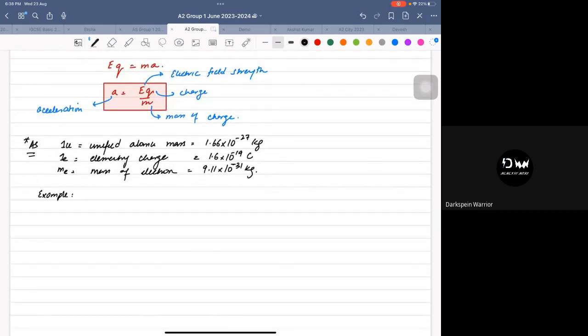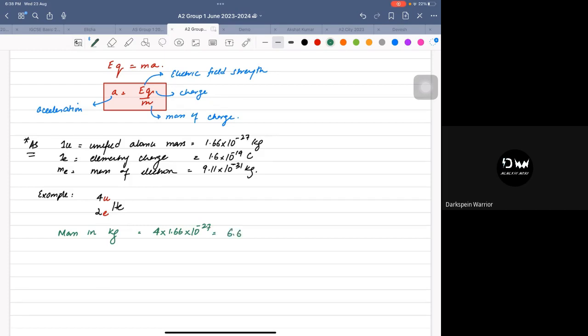For example, if they say that there is a helium nucleus which has a value of 4, 2, automatically it is assumed that the 4 is 4u and the 2 is 2e. If you want to find the mass in kilograms, that would be 4 times 1.66 times 10 raised to minus 27 kilograms.